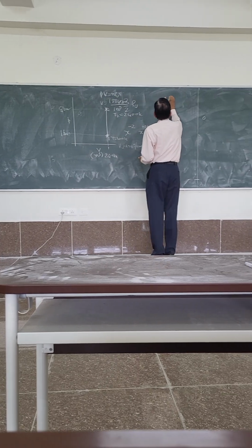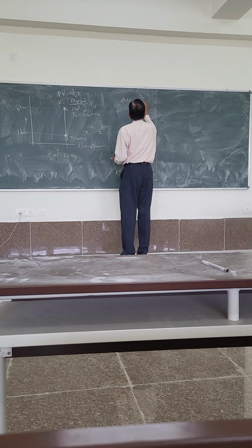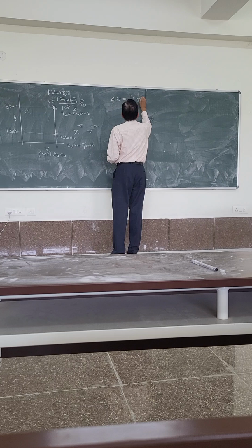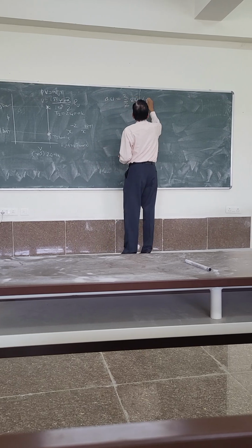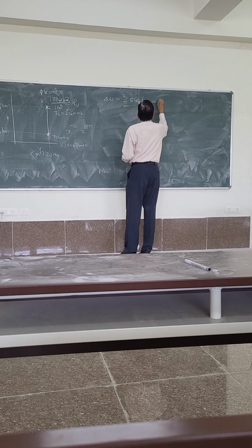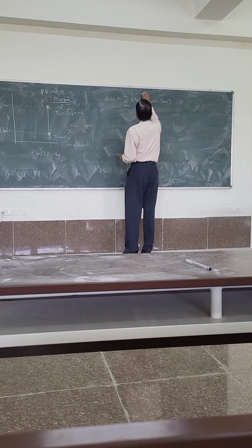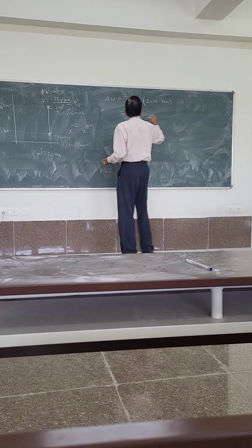So your delta U will be equal to Cv, which is nothing but 3 by 2 R, R is 8.314, multiplied by T2 minus T1.